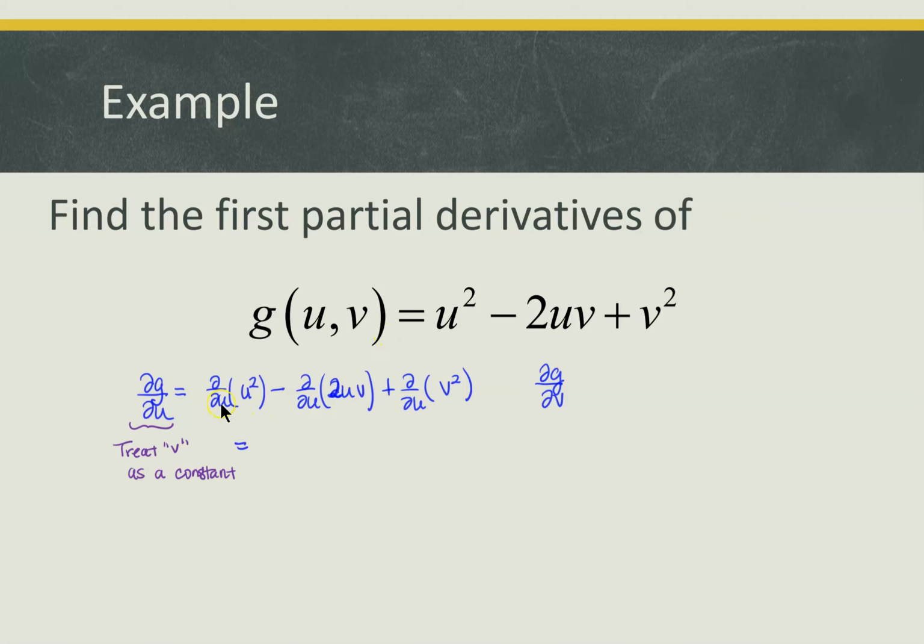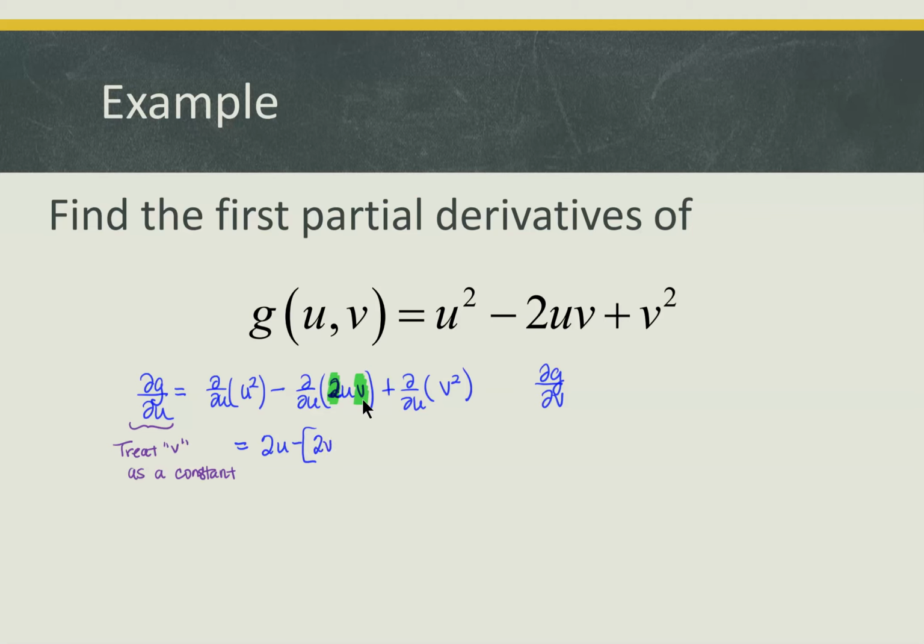So when I take the derivative with respect to u of u squared, I'm using the power rule, and I'll simply get 2u minus, now I'm taking the partial derivative with respect to u of 2u times v. So I'm going to treat both the 2 and the v. They are both considered constants in the world of partial derivatives.